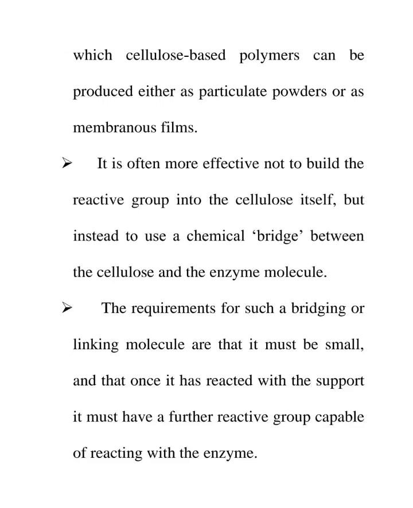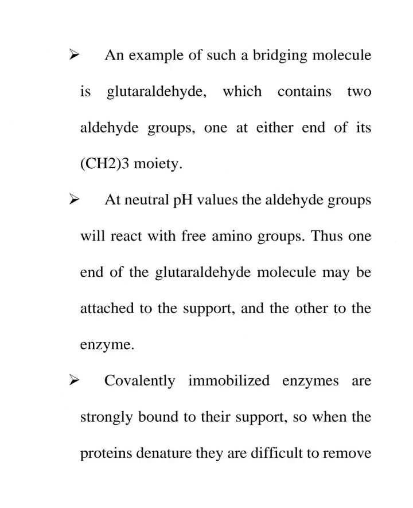It is often more effective not to build the reactive group into the cellulose itself, but instead to use a chemical bridge between the cellulose and the enzyme molecule. The requirements for such a bridging or linking molecule are that it must be small and that once it has reacted with the support, it must have a further reactive group capable of reacting with the enzyme.